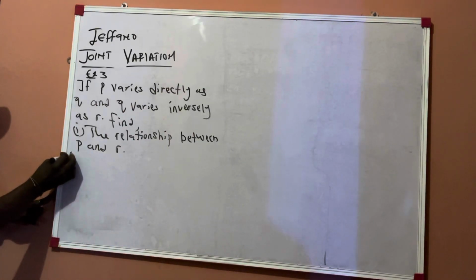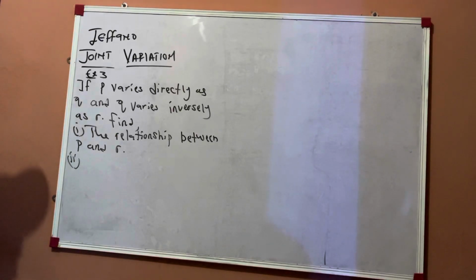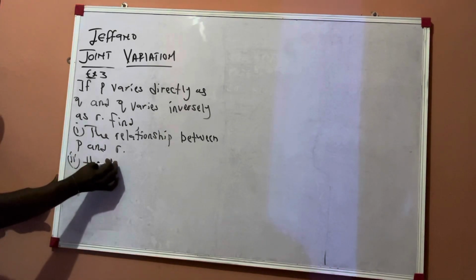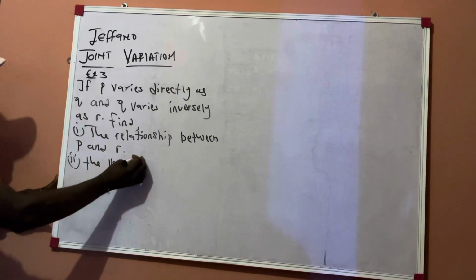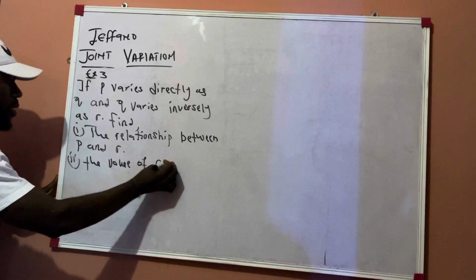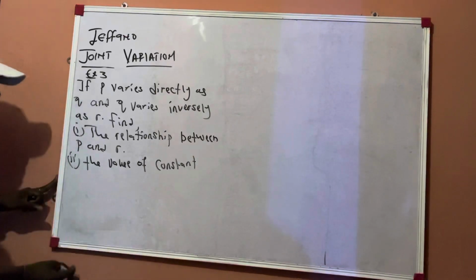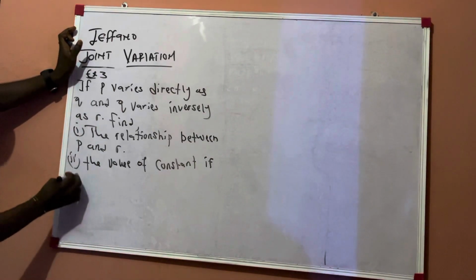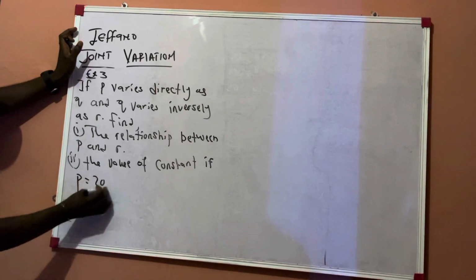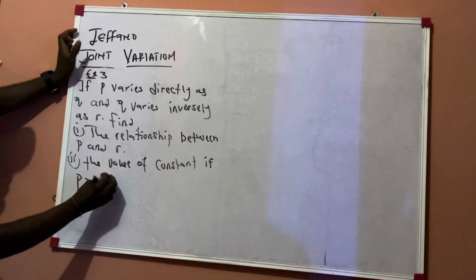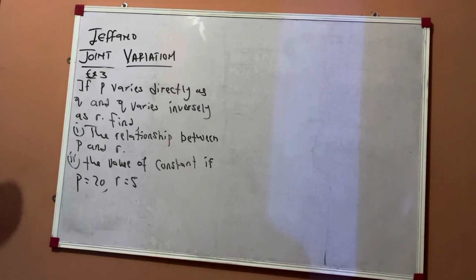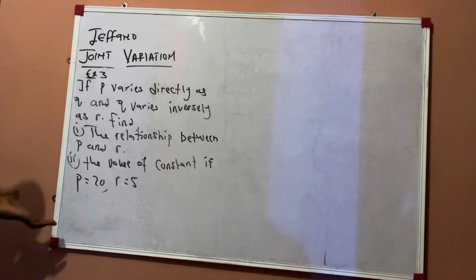Roman figure 2, the value of constants if P equal to 20, R equal to 5. Okay, now let us take this question and then see what we are going to do about it.